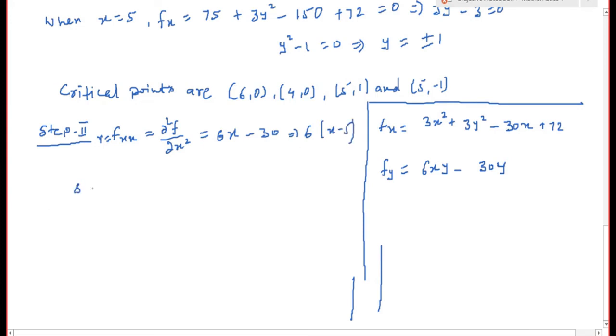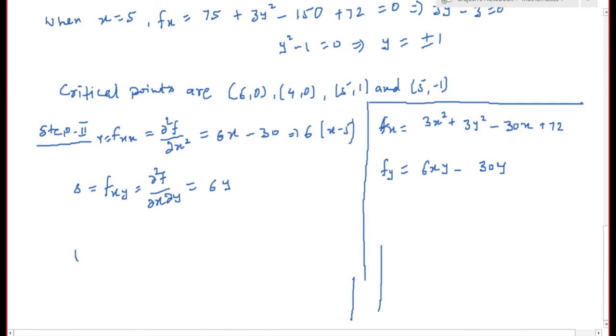Now s is f of xy, that is del 2f upon del x del y. That also we can get from the fx by differentiating partially with respect to y. In that case, it is going to be 6y only.